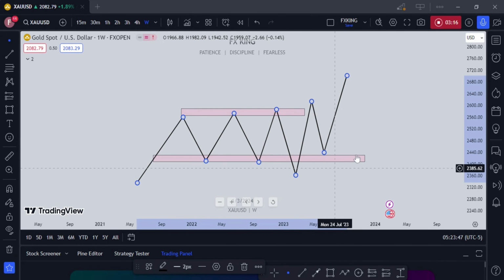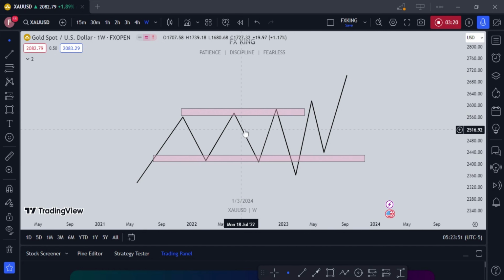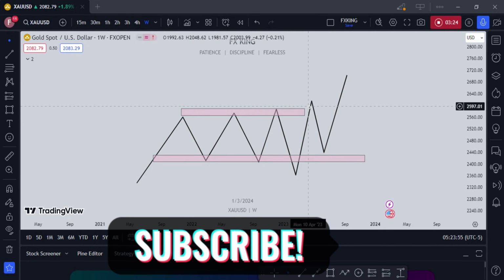You can buy here and you target the opposite liquidity. Same as the sell here, you can still use this very concept. You sell here, and you target the opposite liquidity. It's as simple as ABC. Avoid selling in this channel because you don't know when market will push above.